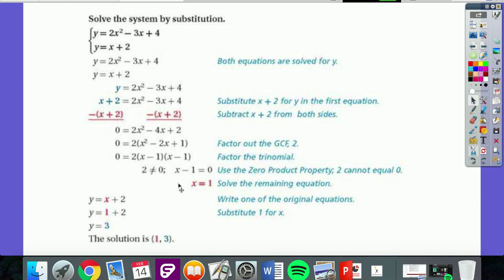It turns out, when it's all said and done, that one of the answers is x equals 1. That's just the x coordinate for the point of intersection. When you plug that back in to one of the originals, we do 1 plus 2, and we find out that y is 3, so we have our point of intersection (1, 3). We rarely use this. I just want you to know it's an option.